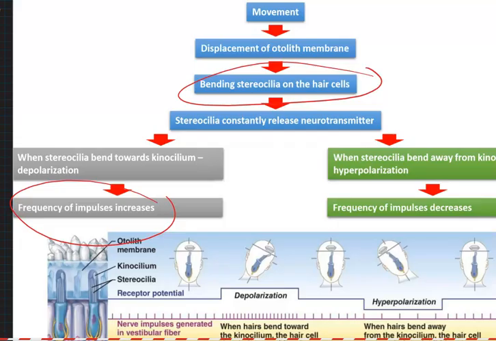If you're moving backwards, because it's opposite direction, they're actually hyperpolarized. The frequency of impulses decreases and your brain interprets it as I'm moving backwards. Does it make sense, y'all?